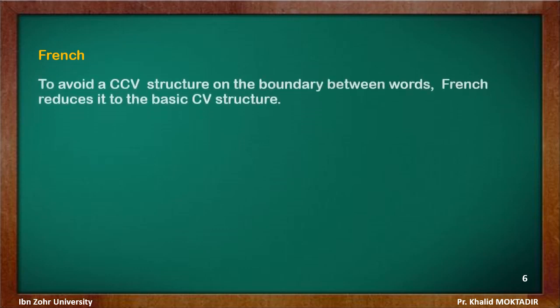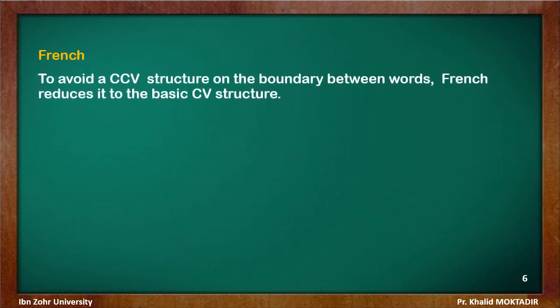Here are more examples on this rule from French. Now, to avoid this complicated CCV pattern on the boundary between words, French resorts to the deletion of the final consonant in the first word so that we reach the basic CV structure.